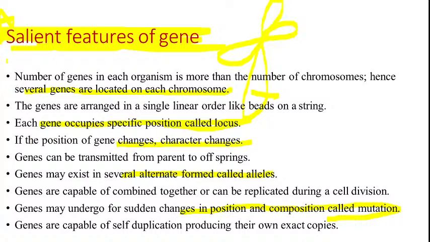So these are some specific features of a gene. They may undergo mutations, they are able to replicate, they have alternative forms known as alleles, they are transmitted from parent to offspring, and they are present at a specific position known as the locus. So you have to remember all these points.